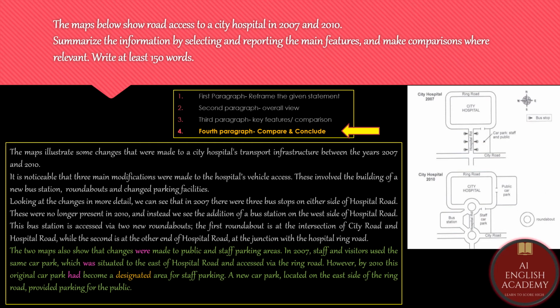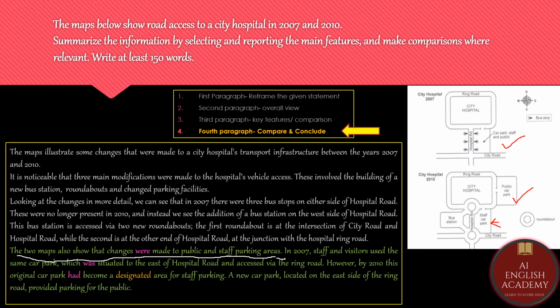Okay, moving to the fourth paragraph where we have to compare and conclude our writing. Here we will mention what is left. We are left with the public parking and staff parking. Let's begin with it. The two maps also show that changes were made to public and staff parking area. You can see here on the maps, clearly we can see that there are changes in the parking area.